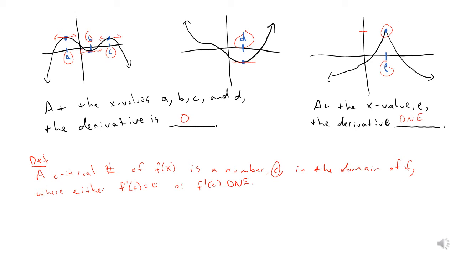Or instead of saying does not exist, we could say the derivative is undefined. All right, so this is the definition of a critical number.